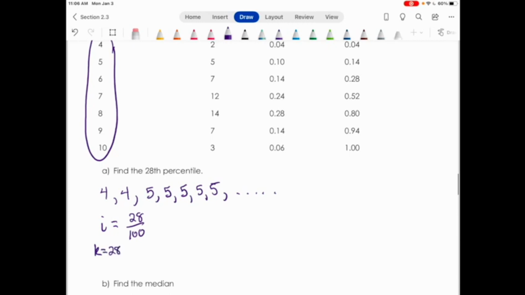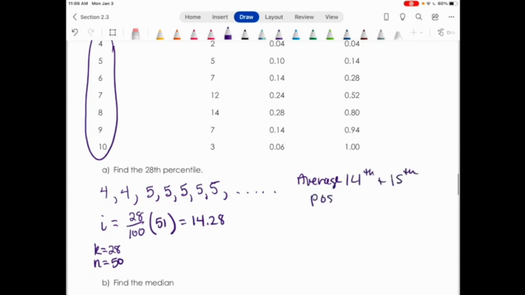K in this case is 28 because that's my percentile. And N is going to be 50 because we have 50 data values. So when I put it in the formula, this is going to be 51, because remember this value in the parentheses is N plus 1. So when I multiply that out, I'm going to get 14.28, which means I want to find the average of the 14th and the 15th position.